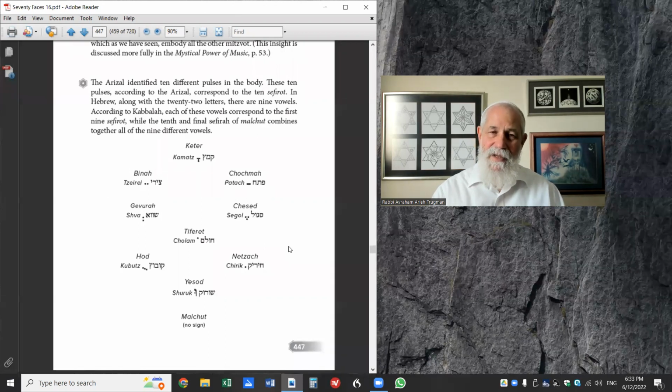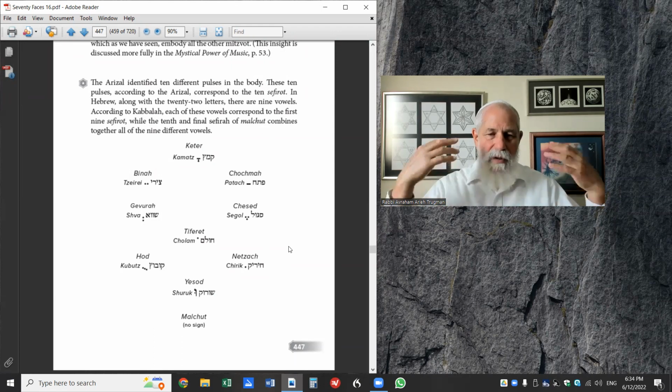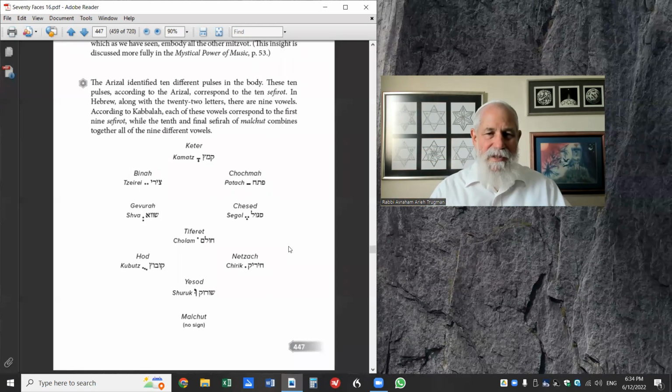So the Arizal, by feeling the pulse, could understand through the lines and the dots of the pulse which of the vowels was coming through the person, and the vowel is connected to one of the Sefirot.